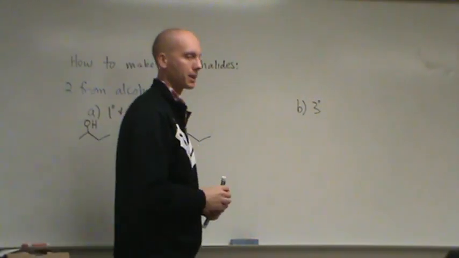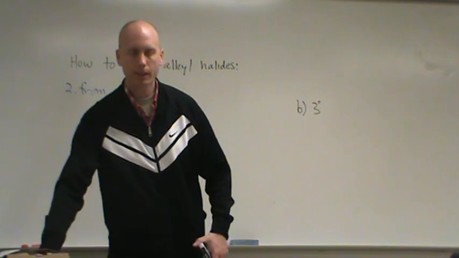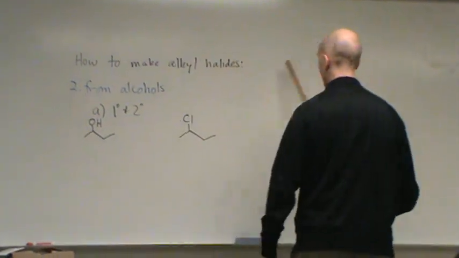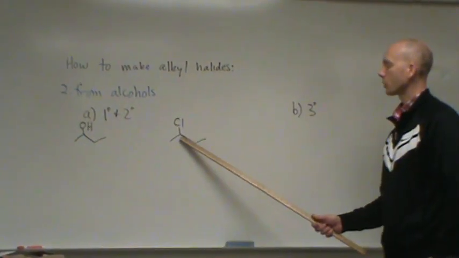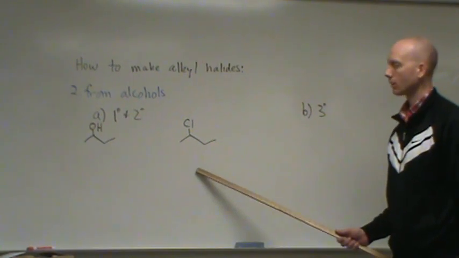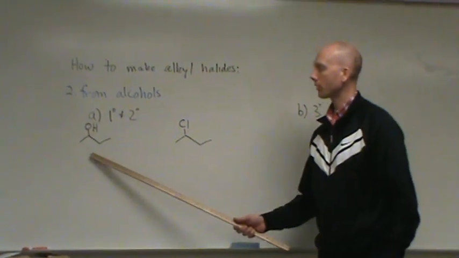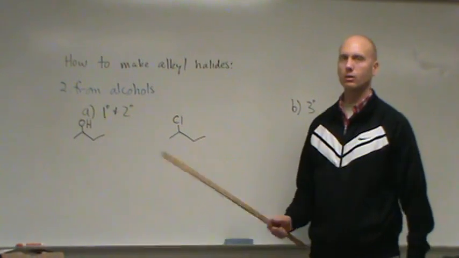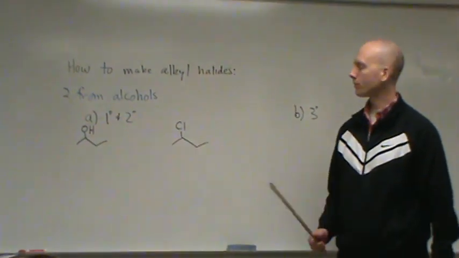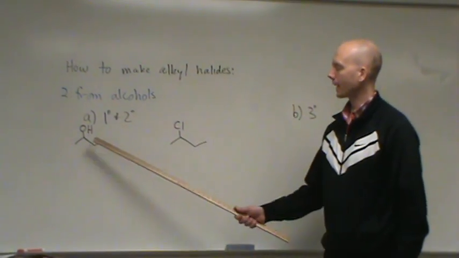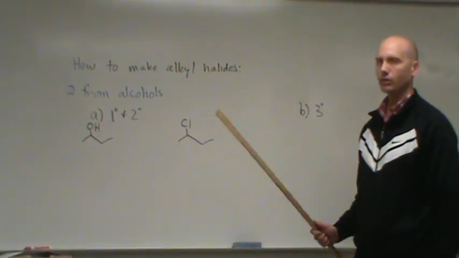So in other words, pretend in the lab that you didn't have any of this 2-chlorobutane, but you did have this alcohol here that we'll learn how to name later. So if I had this, I can easily convert to that.